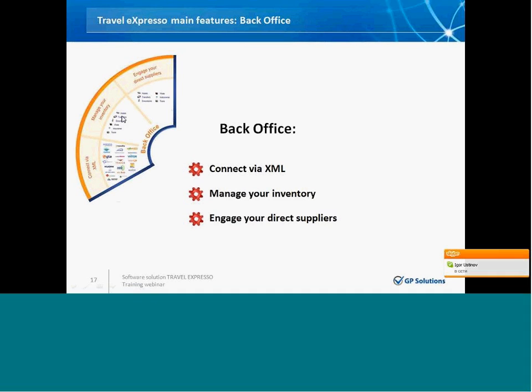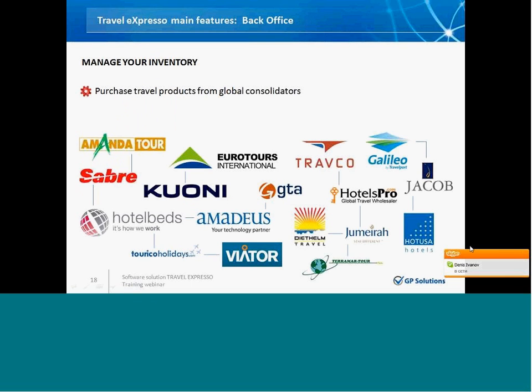The second possibility is to manage your own inventory, to specify your hotels, transfers, excursions, visa, and other services directly in the system, and then sell them to your agents or clients. And you have the possibility to engage your direct suppliers by providing an extranet for them and allowing them to enter their products and their prices and availability by themselves.